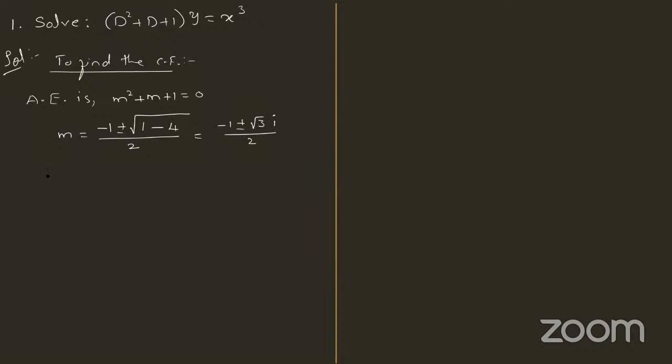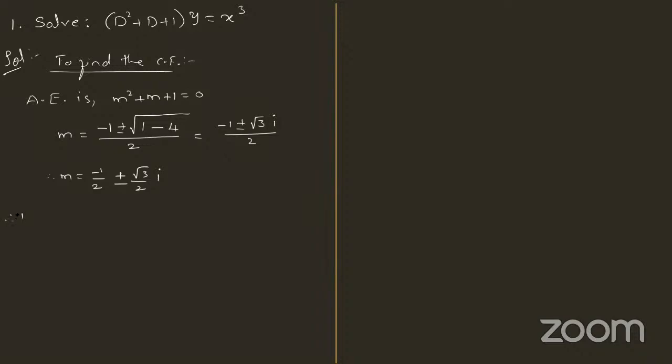For my convenience, I'm writing m as minus 1 by 2 plus or minus root 3 by 2 i, separating the real and imaginary parts. So clearly the roots are complex and distinct, and there are no repetitions.